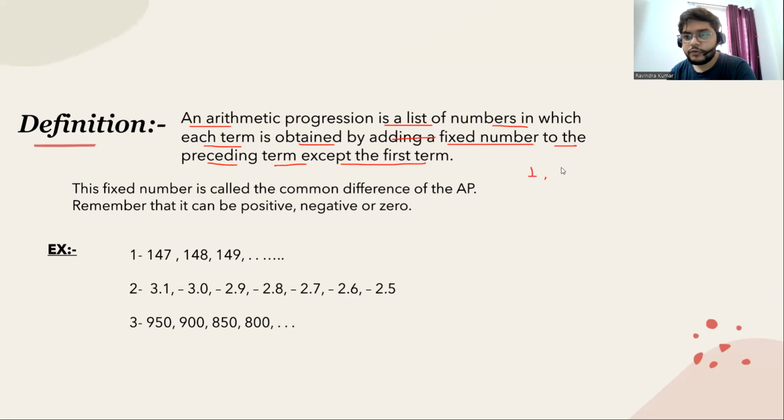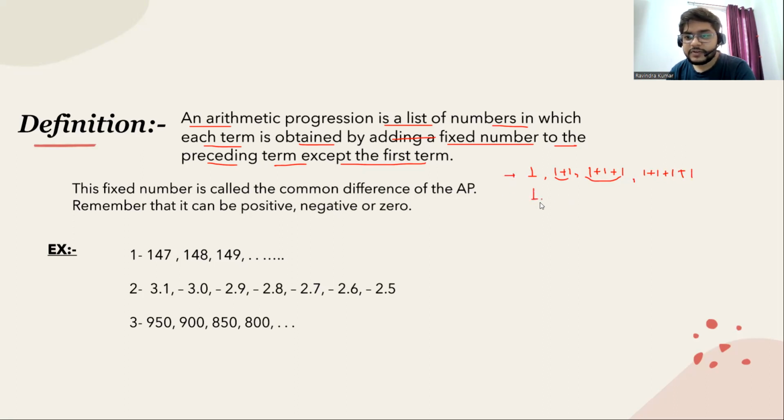If we add 1 to 1, it will be like this, and then we have to add 1 to this number, and then we have to add 1 to this number. The same number we will add to the next term. In this way there is a formation of an AP.